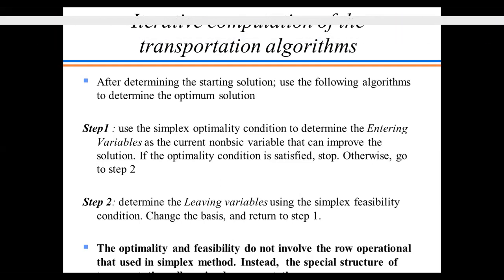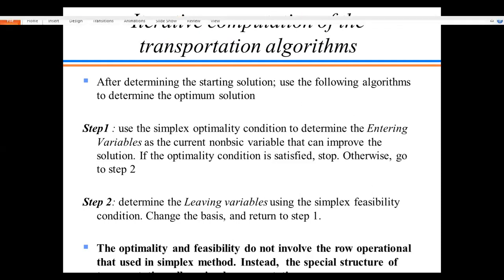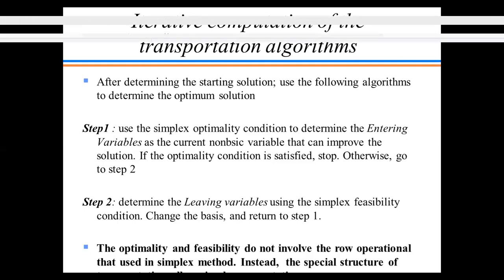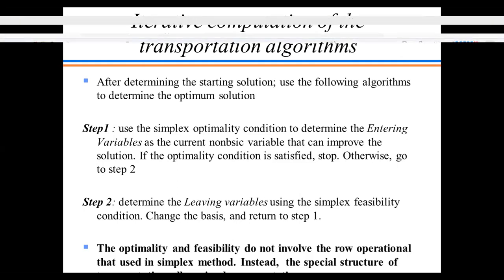And after that, we need to continue the algorithm to determine the optimum solution. So this is the topic for today's meeting. As you can see, to determine the optimum solution, we have two steps.